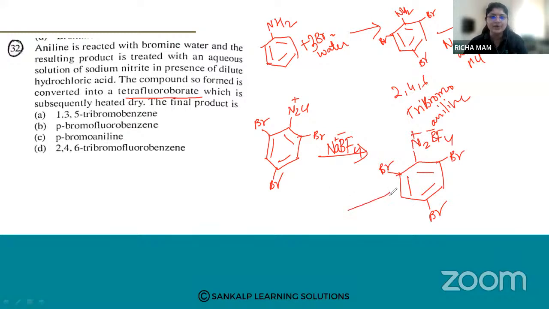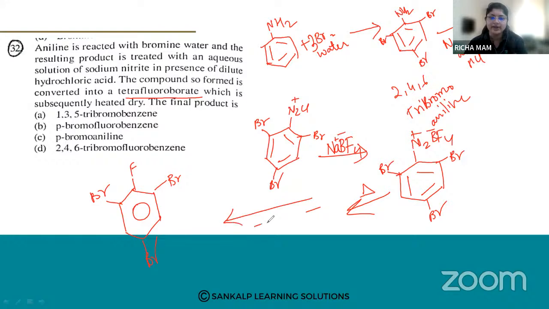Now this, I'm going to heat it. So after heating, what will happen? I'll get F here, and Br, and Br. So there will be elimination of what?